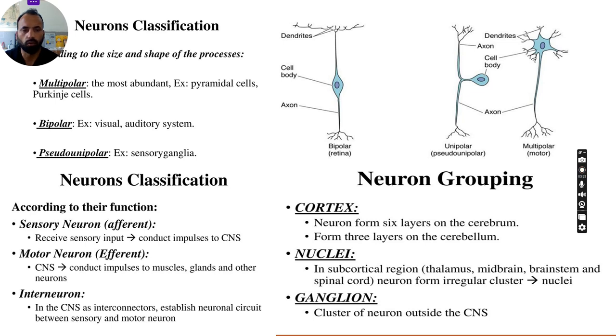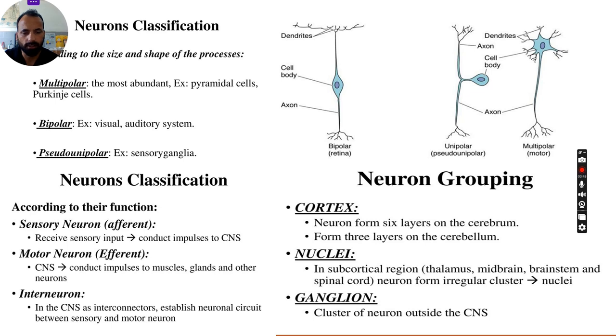Then, if you look at the neuronal groupings, the presence of neurons in the different parts of the CNS: in the cerebral cortex, the cerebrum and the cerebellum, the neurons are arranged in a particular layered fashion. In the cerebral cortex, you have six layers of neurons. In the cerebellum, you have three layers of neurons.